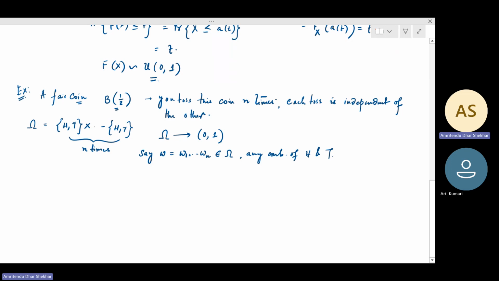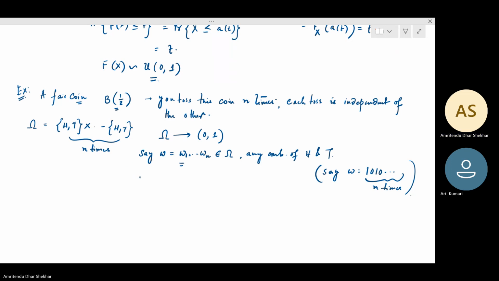So let's say omega is equal to 1010, n times. You define a map from this thing, which is defined in this way.